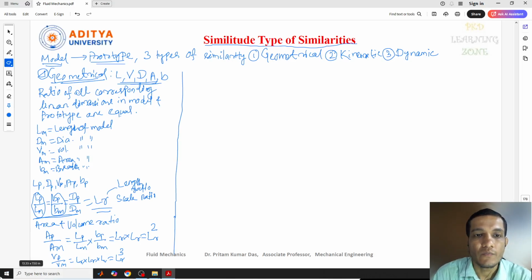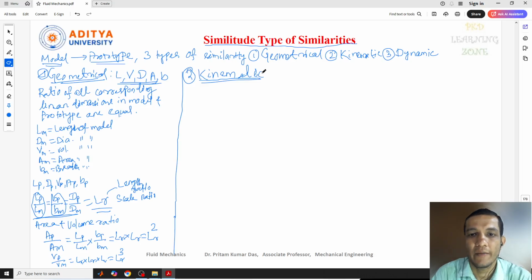Similarly, let's discuss the kinematic similarity. All are similar kinds of things actually. We only need to know what parameters come under the kinematic similarities.